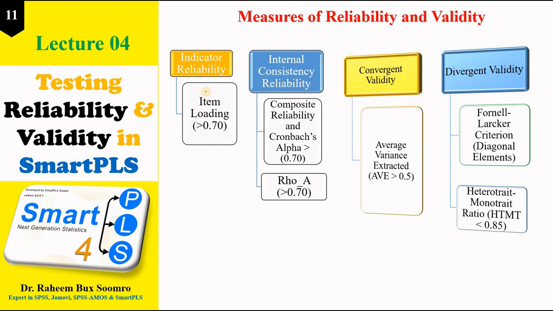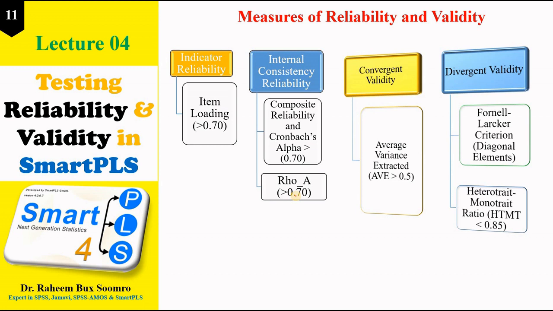Now the first thing is indicator reliability: if the item reliability is more than 0.7, that's good. For internal consistency reliability, if composite reliability and Cronbach's alpha are greater than 0.7, that's good. Rho A should also be higher than 0.7.